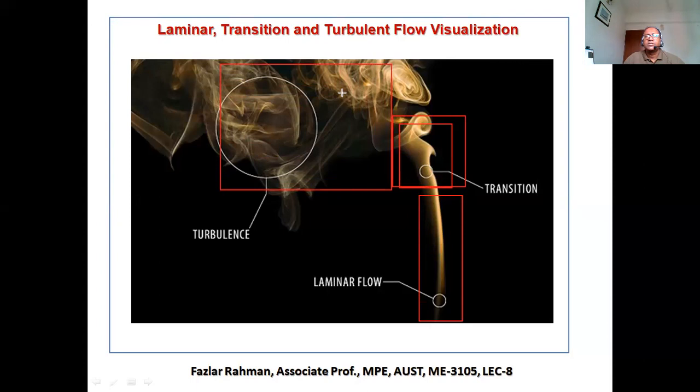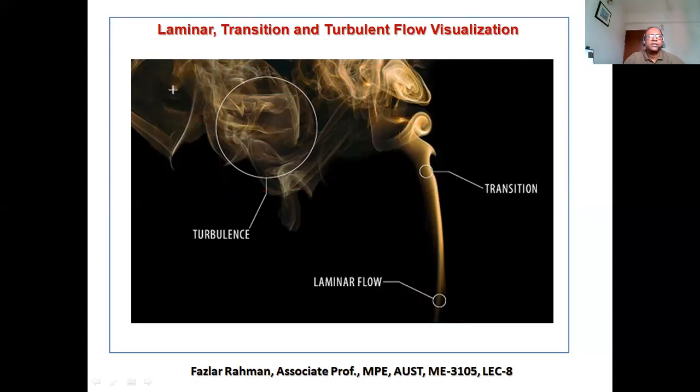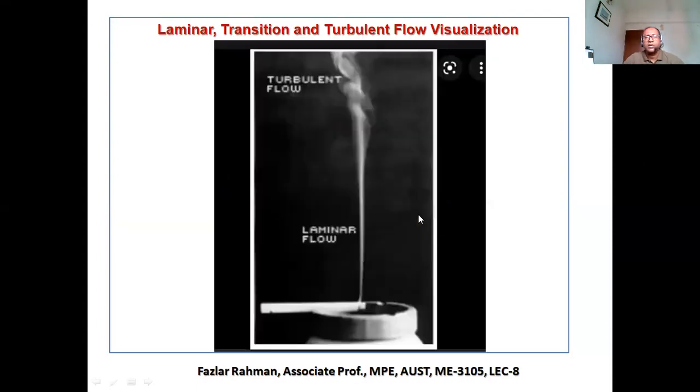Okay, so you get some idea of what turbulent flow and laminar flow look like. There is one more example. You have a candle with smoke rising, and from this portion to this portion it is laminar, but from here to here is transition. Then turbulence starts.